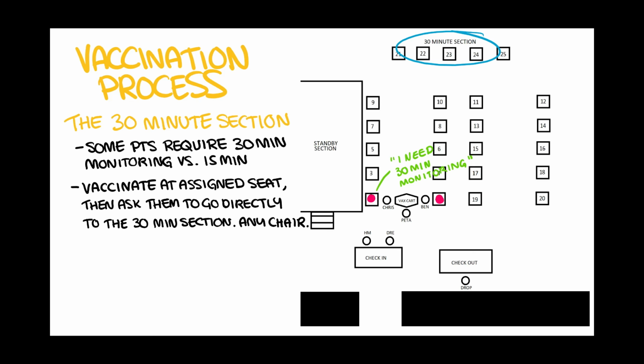So, for example, this person on chair 1 is going to get vaccinated right there on chair 1, and then they're going to be asked to go directly to the 30-minute section on any chair. So, stab, and they take a seat, and then we continue vaccinating.